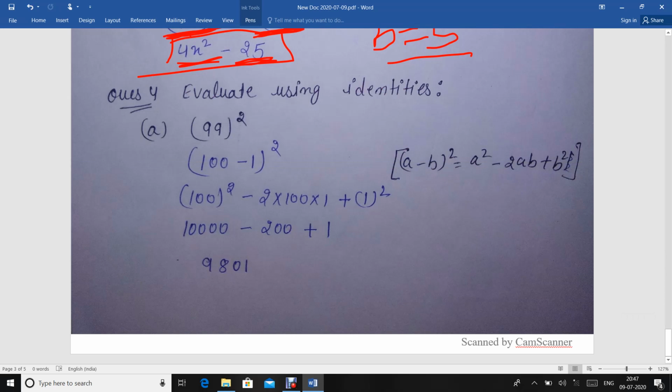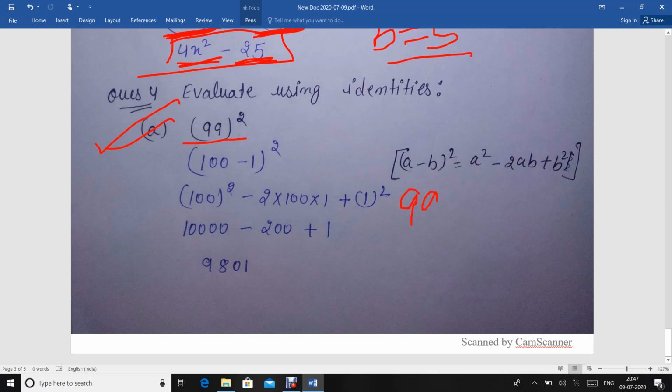The next question is question number 4. Evaluate using identities. Now you have to use all the identities which you learned above. Now it is time to identify which identity will be used to solve this question. See the example, question number 4 part A, that is 99 whole square.